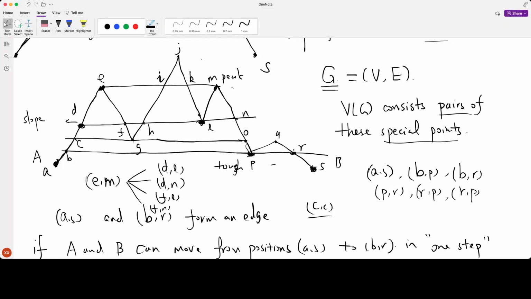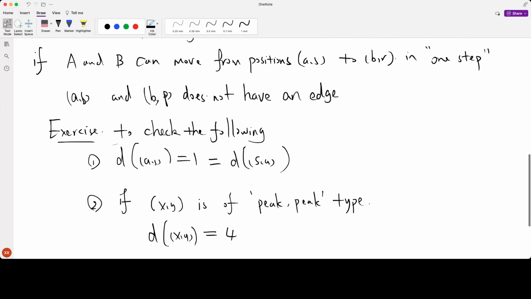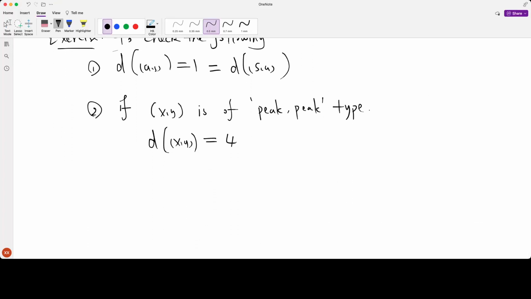So if you accept this, the second case is easier. Other situations are easier, of the type peak, trough, I don't know what the word is.